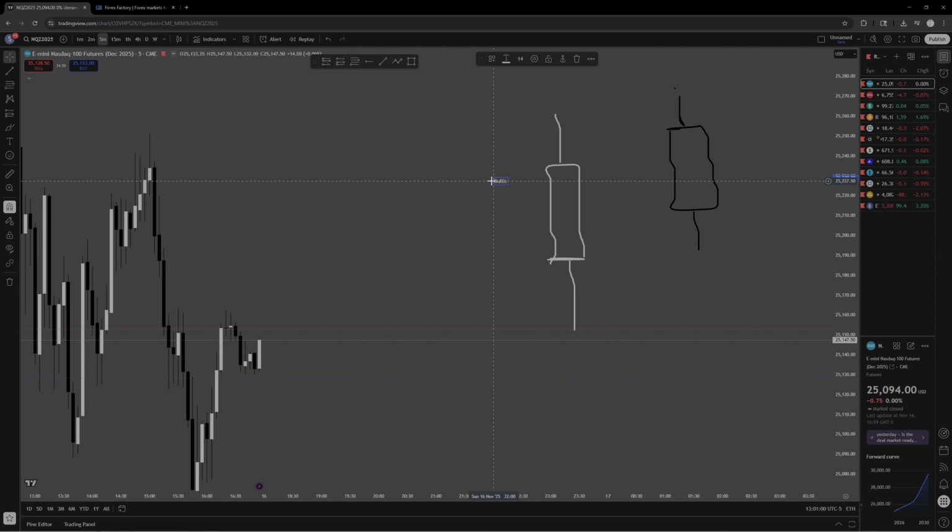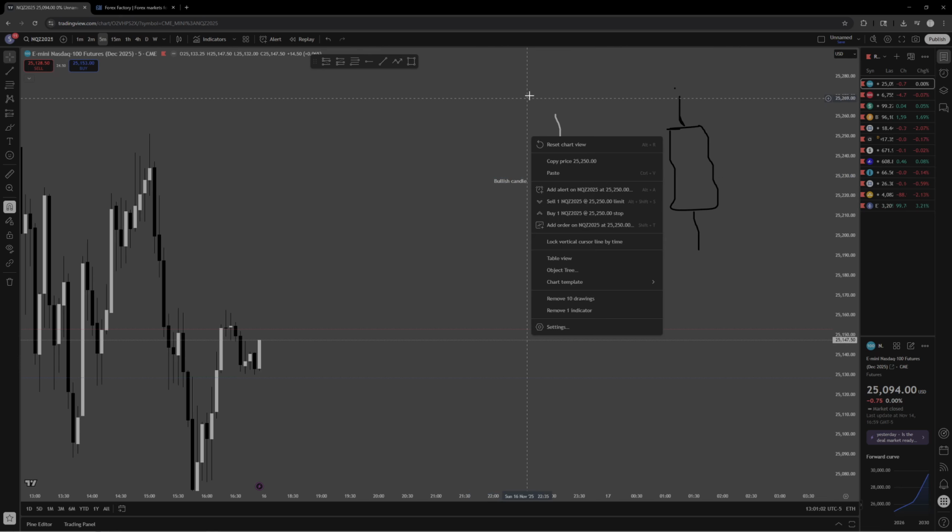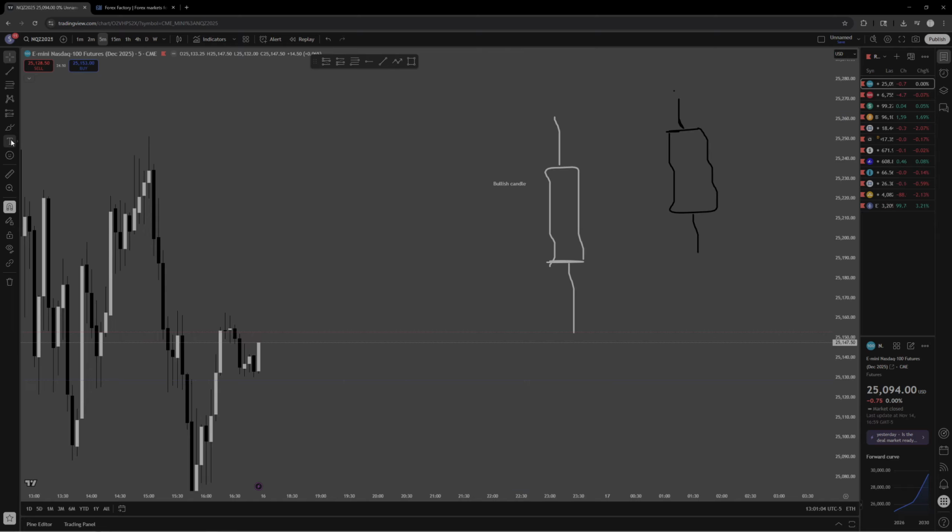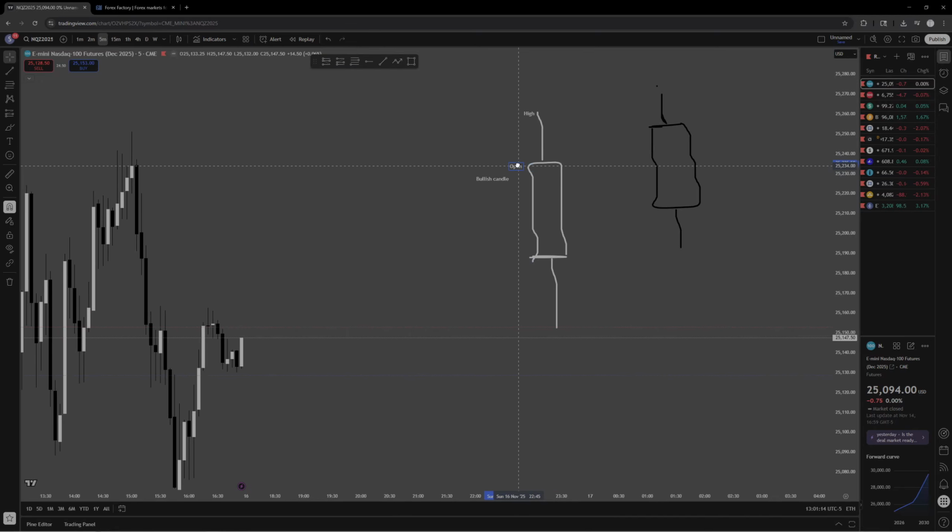Bullish candle. We have our high. We have our open. We have our close. And we have our low.